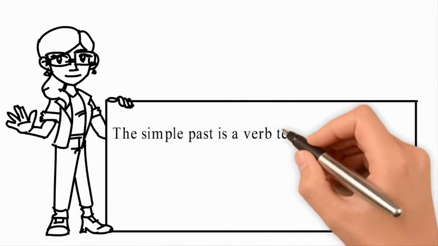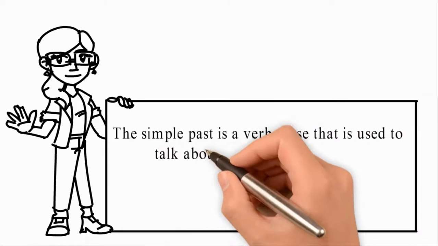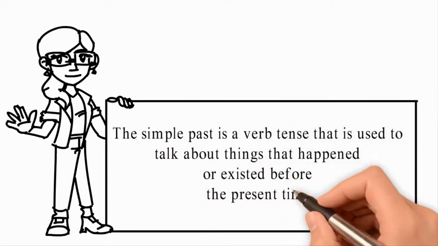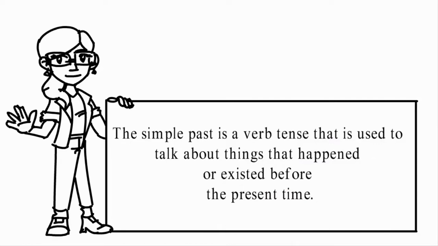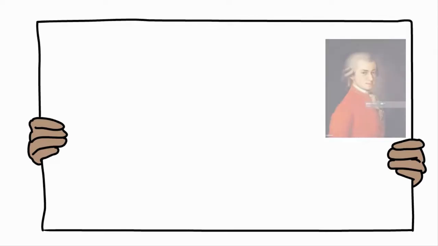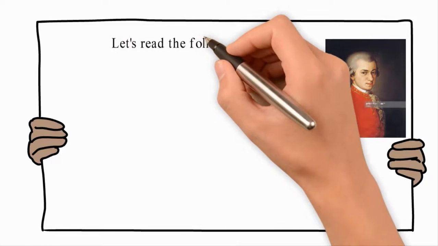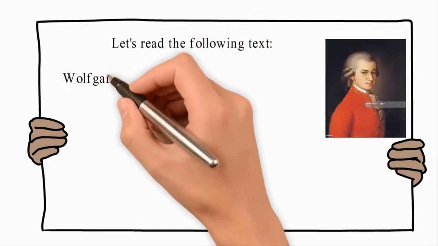The simple past is a verb tense that is used to talk about things that happened or existed before the present time. Let's read the following text.